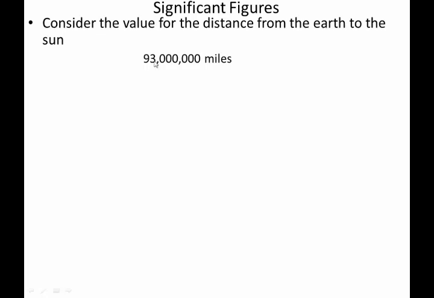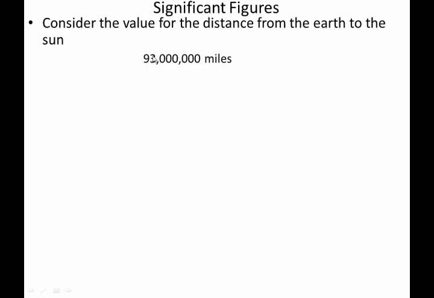So 93 million, the problem is, where did I estimate this number? Did I estimate it to the nearest mile? Because that's where the zeros go out to. But then again, if I didn't have the zeros there, it would just be 93 miles, and it would be awfully warm in the summer if the sun were only 93 miles away. So clearly these zeros just need to be there.